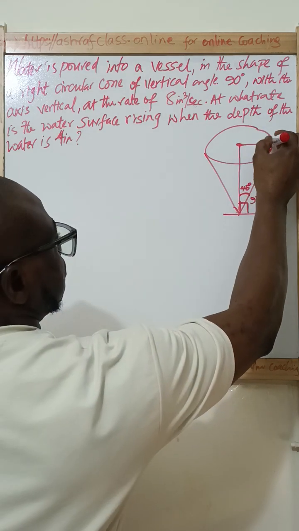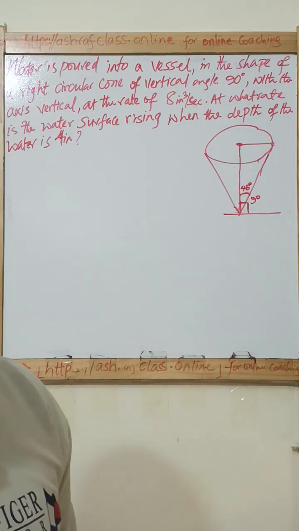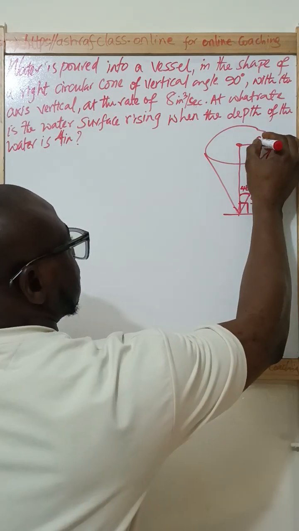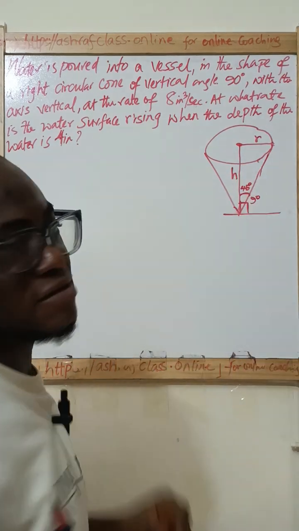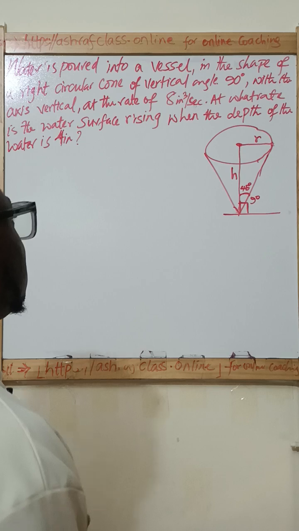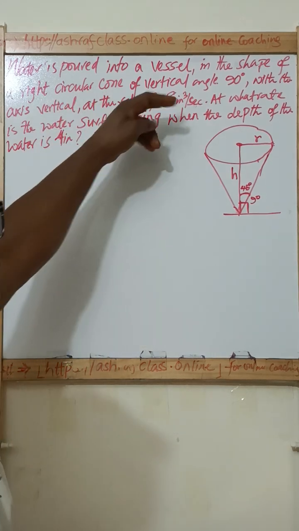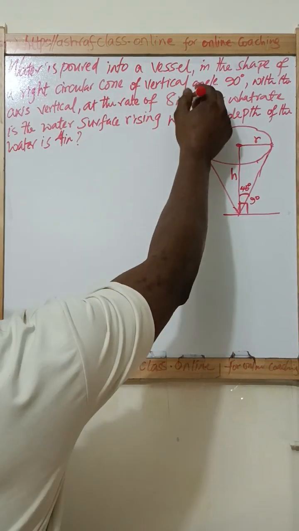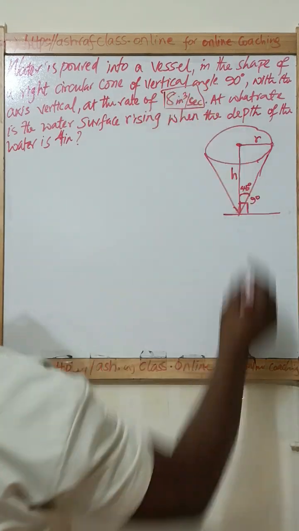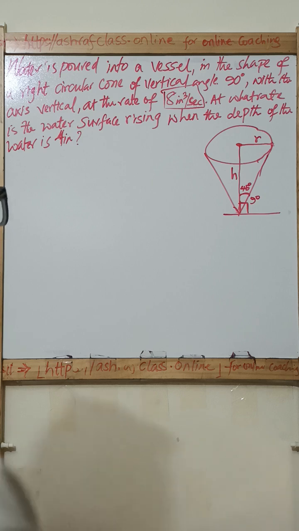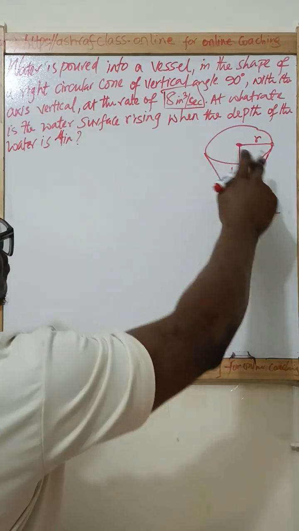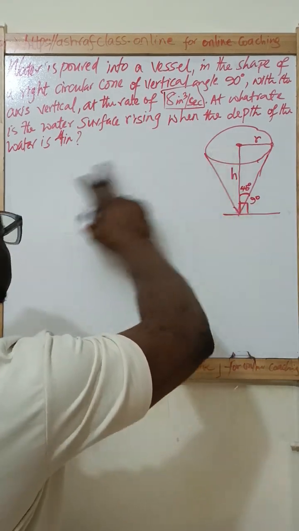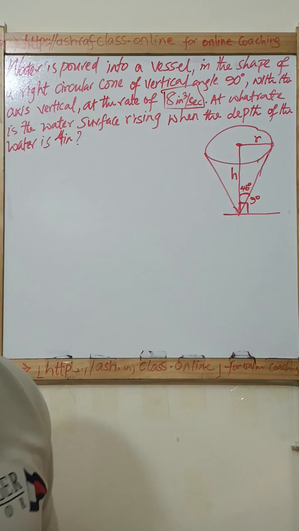And this is the radius of that cone, and this is the vertical height. Now the water is poured into it at that rate. We are asked at what rate the surface is rising when the depth is 4 inches.